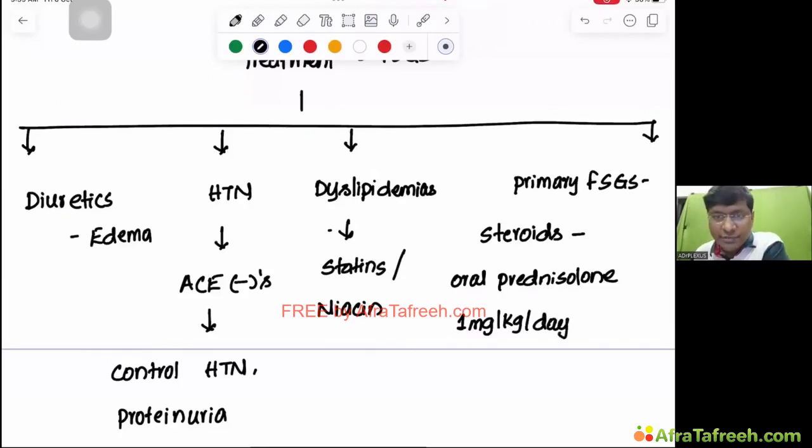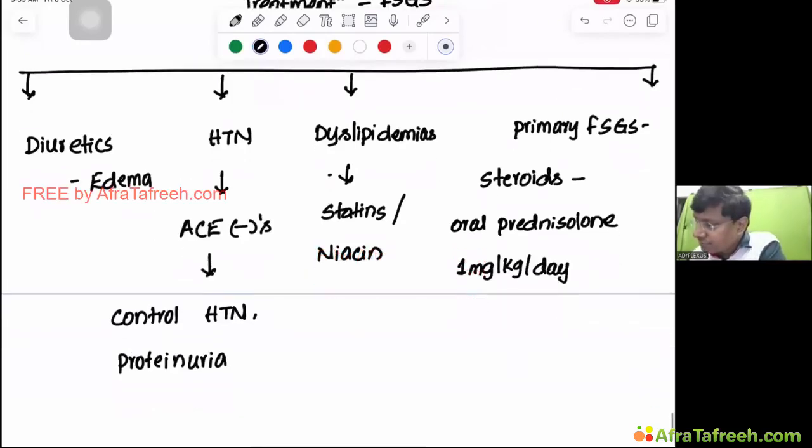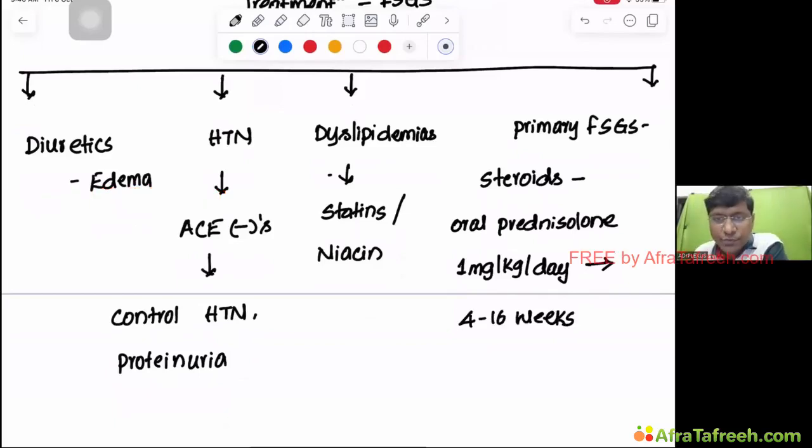For how many weeks? You have to give it for nearly 4 to 16 weeks. Oral prednisolone should be given only for primary FSGS, not for secondary FSGS.